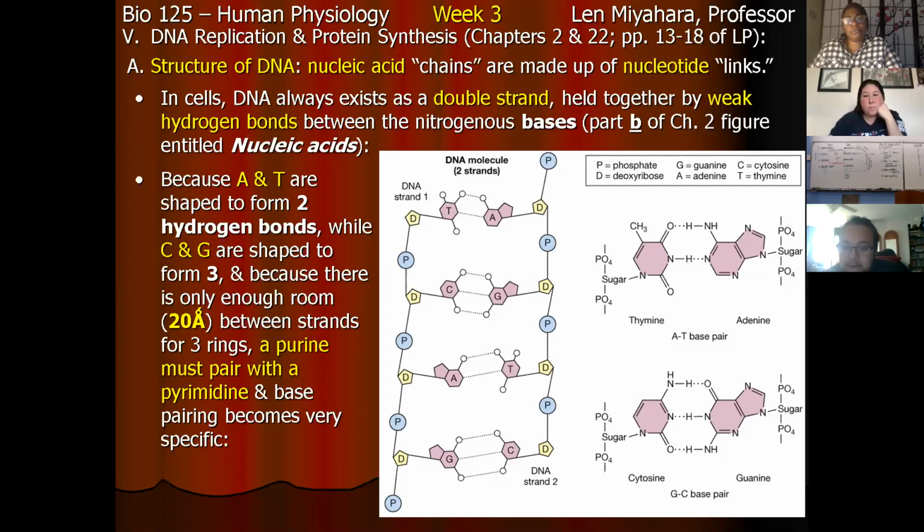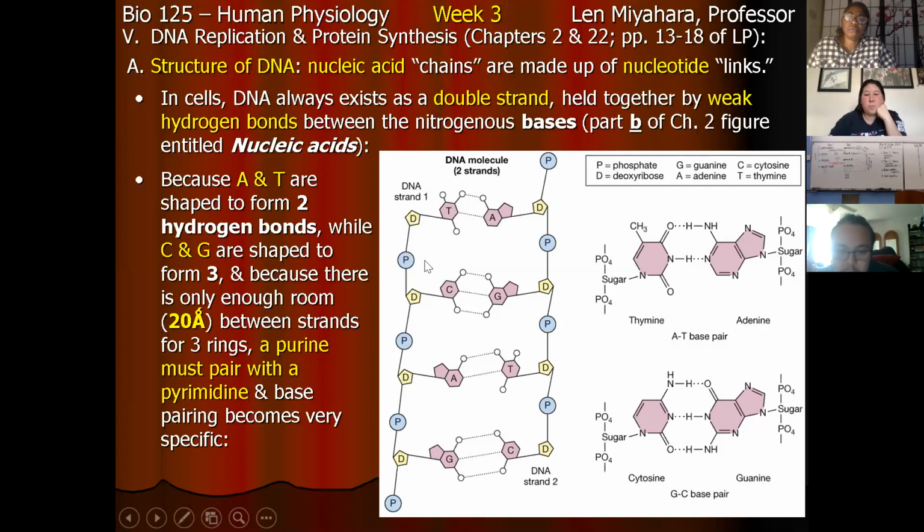What are the steps of the ladder made out of? Guanine, cytosine, adenine, and thymine. All the nitrogen bases. Now, what this is showing you here in the second bullet is to think of the double helix not like a biochemist. Think of it like a carpenter.